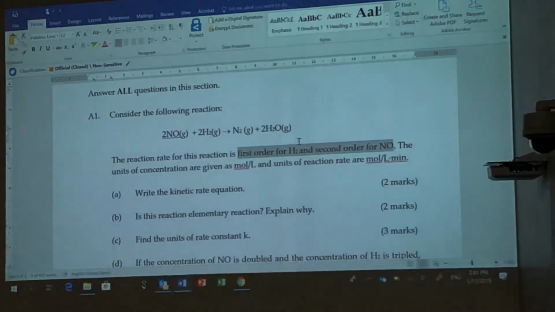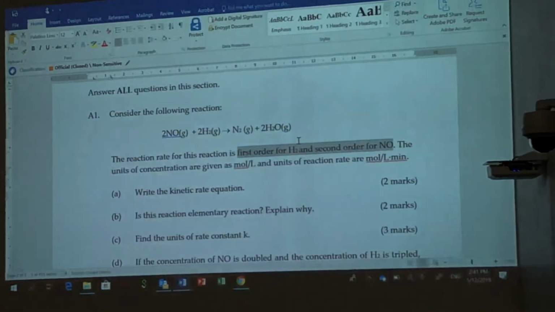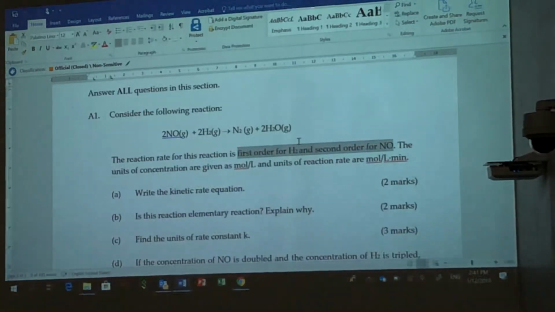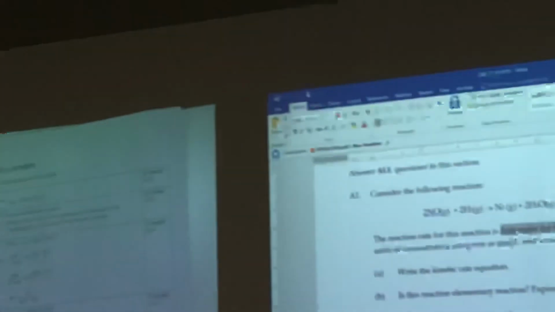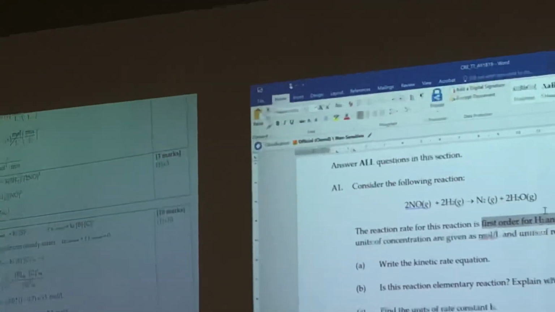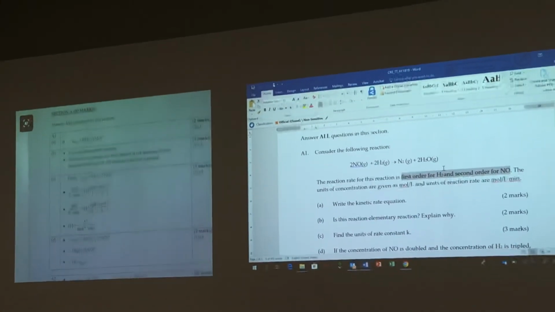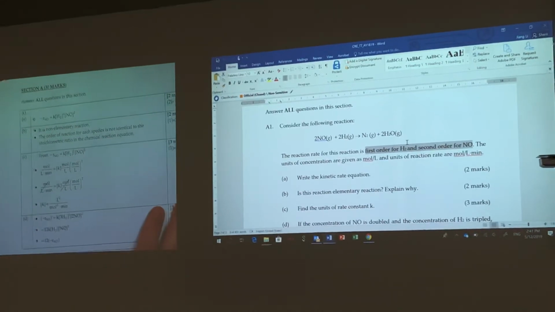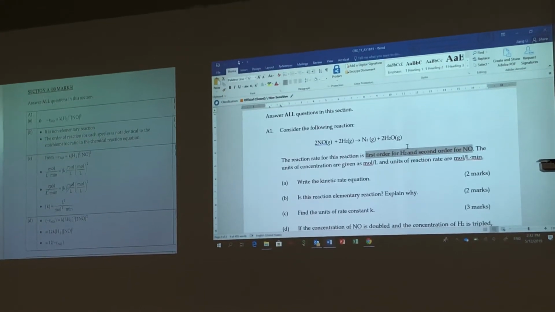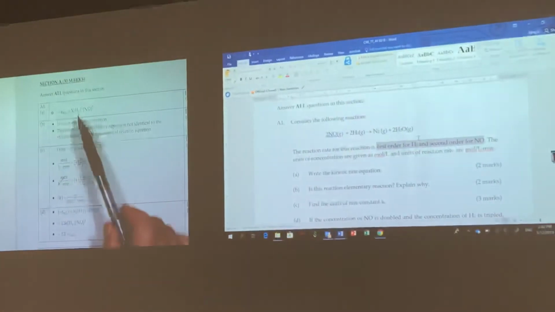So the answer should follow what is given. The equation must be correct.